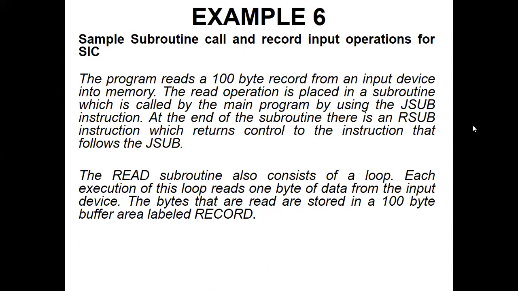From an input device, you read a character and the character is loaded in memory. So if you are going to read 100 characters, then it means you are going to record 100 characters.